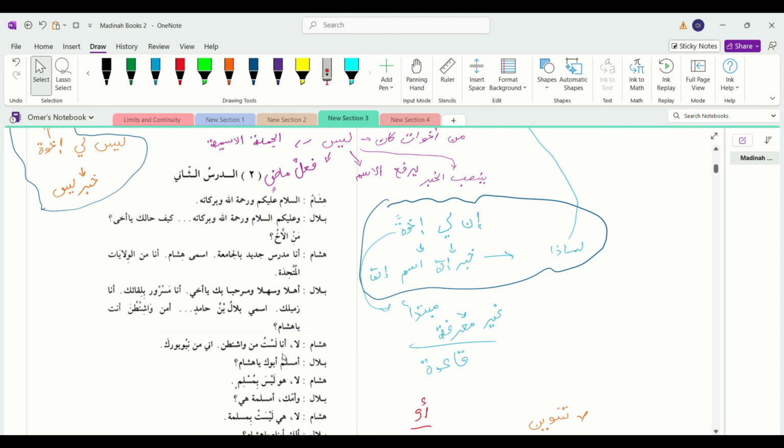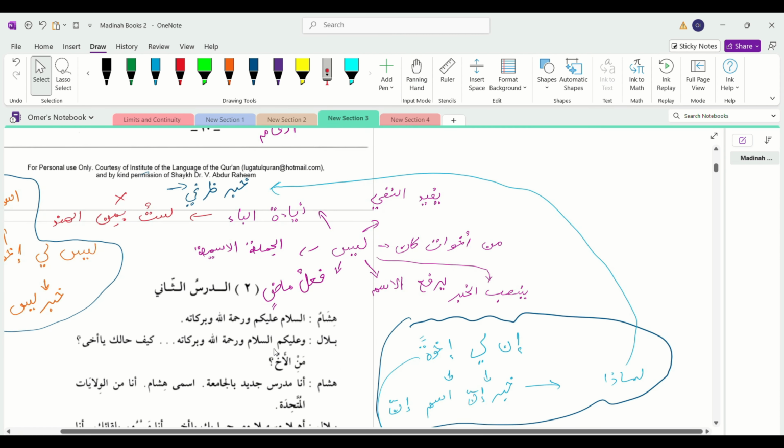So لست. ليس is basically a fi'l, so it will have all the conjugations that we have studied in the previous lessons. For example, لست, ليسوا, لسنا, and it is used for negation. Negation means nafi. It is from the akhwat of kana. Akhwat of kana is extra information.